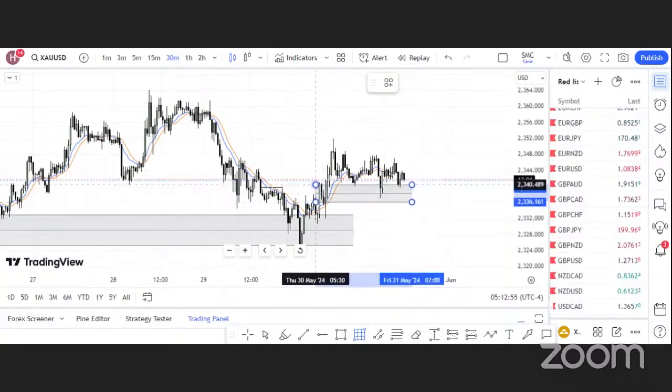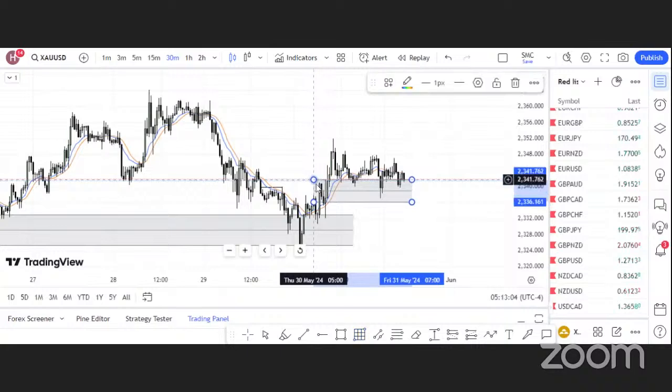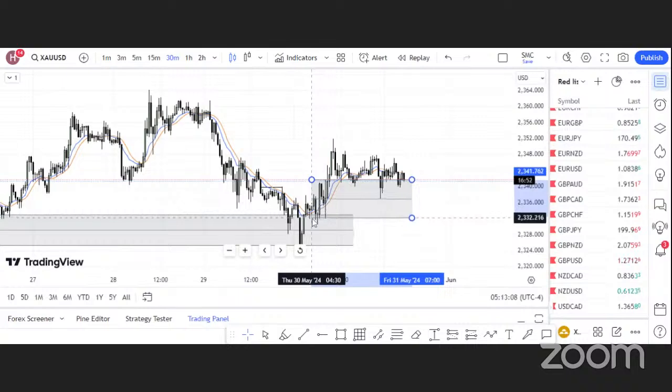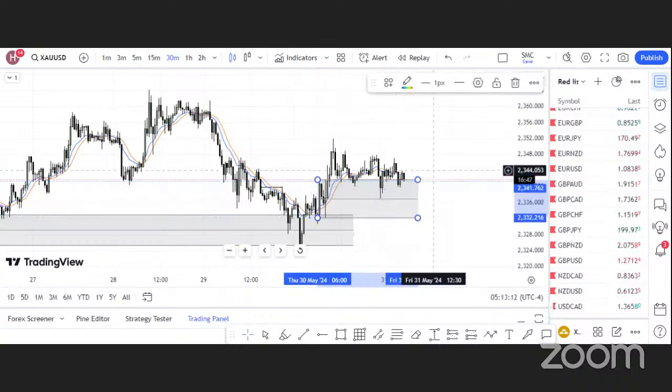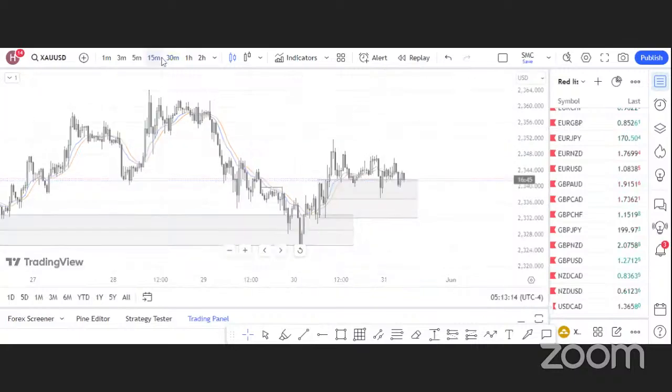So we have a level here, and the market is currently respecting the level. Okay, we have a level, and the market is respecting the level.